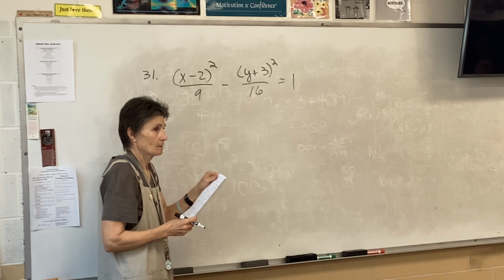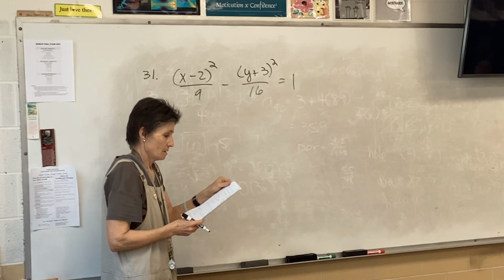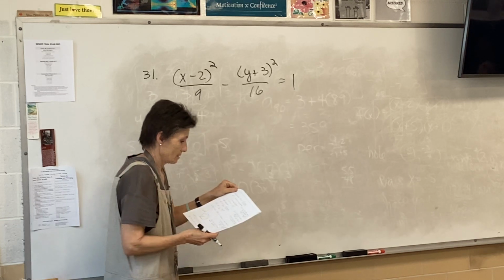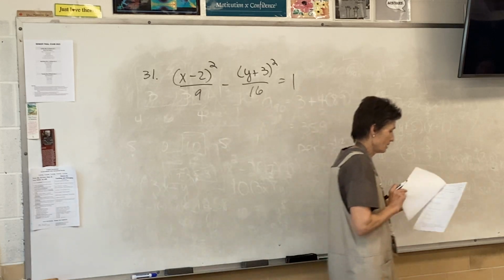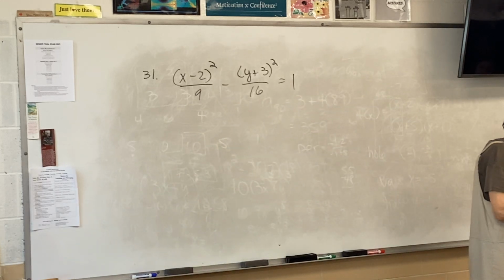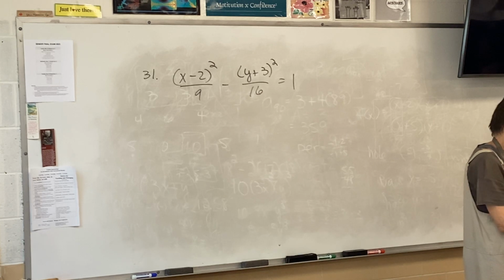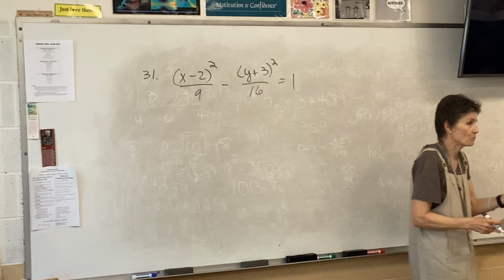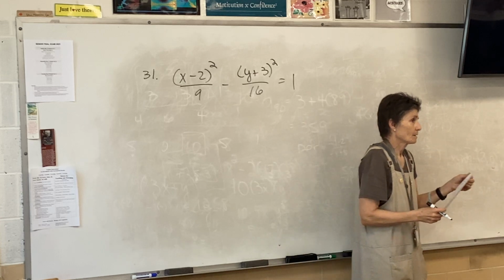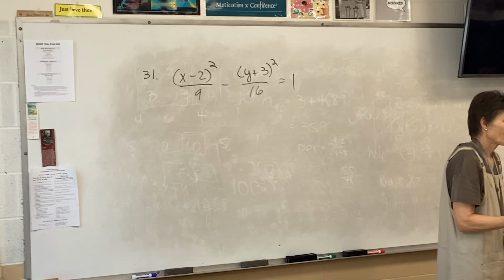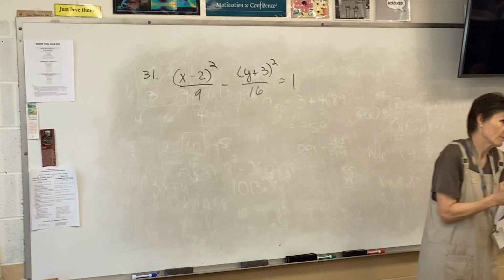Mine only goes to 30. Are you on review 2? Yeah. No, it's review 1. Okay, you need to be on review 2. Review 2 only goes to 32. Oh, well, then you have to write this problem down.